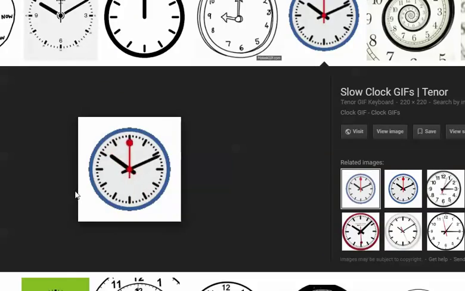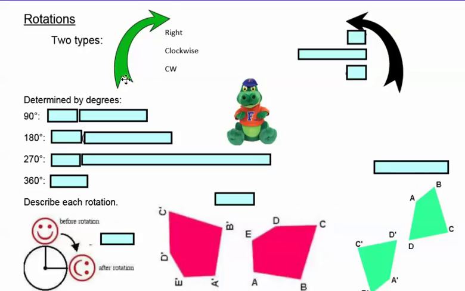If I were to speed up our clock, like this picture, notice if you were to follow it, it's moving to the right. So we can rotate to the right, clockwise, or we can rotate to the left. But they're not going to say it like that. They're going to call it counterclockwise, because it goes against clockwise.